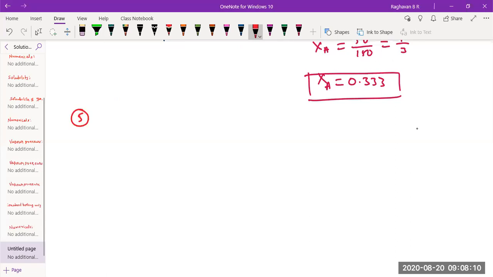Come on, write down. Two liquids A and B form ideal solution.